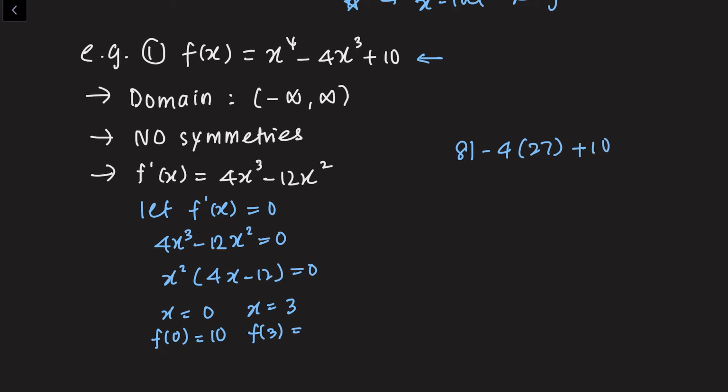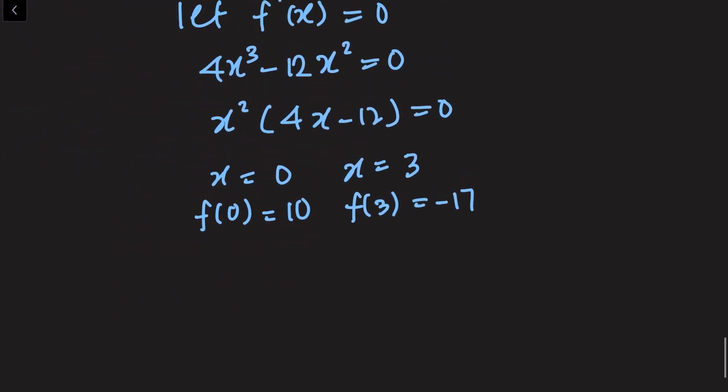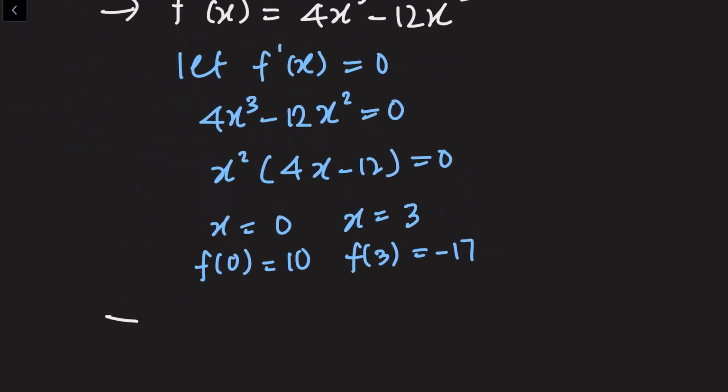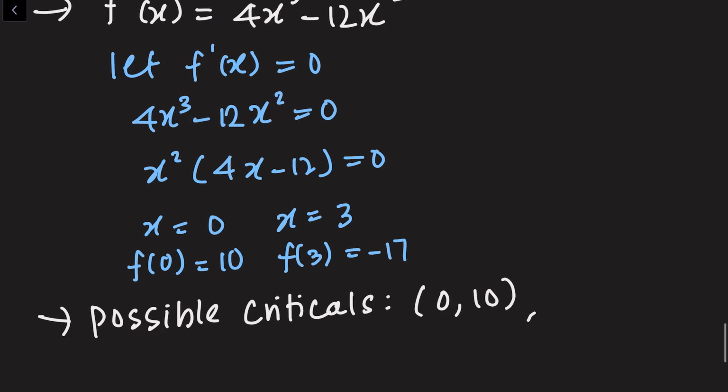This should be negative 17. If you're not sure, just go ahead and press your calculator. So your possible criticals are 0, 10 and 3, negative 17.